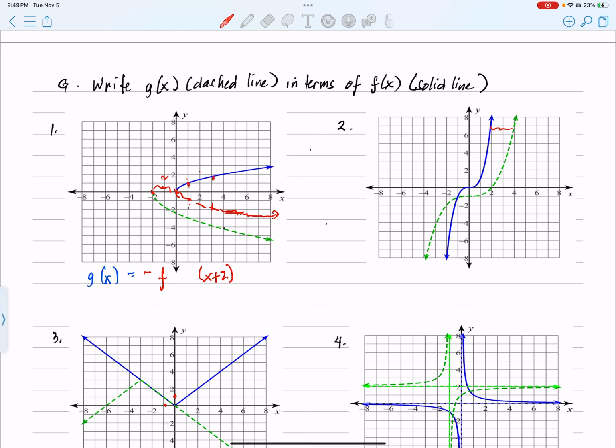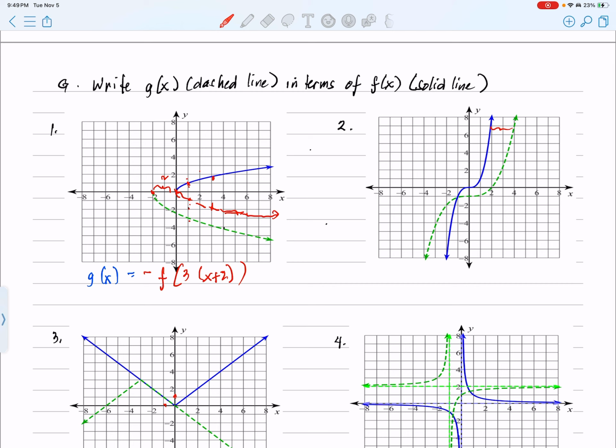Okay, so it is stretched by, from here, 1, 2, 3. It's stretched by 3. Okay, from here 1, 1, 2, 3. It's stretched by 3.